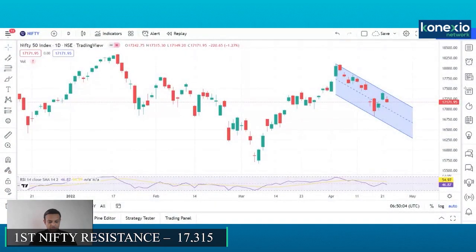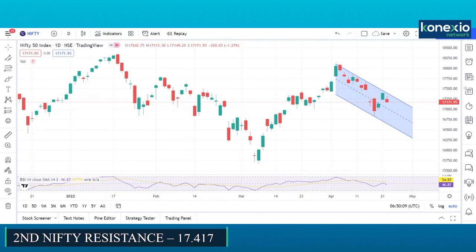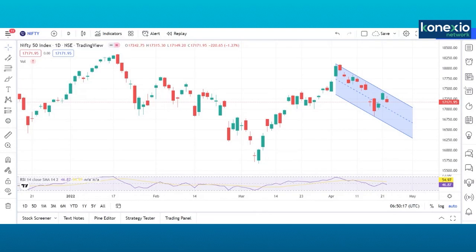On the upside, the first resistance is placed at 17,315. The second resistance is placed at 17,417, and the third resistance is placed at 17,666. So these are the important supports and resistances in the Nifty for the next week.